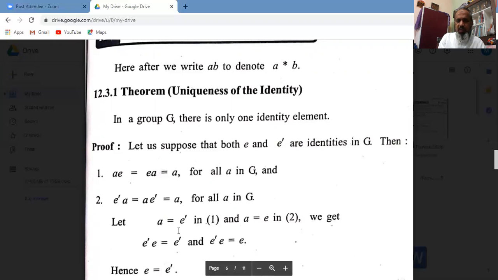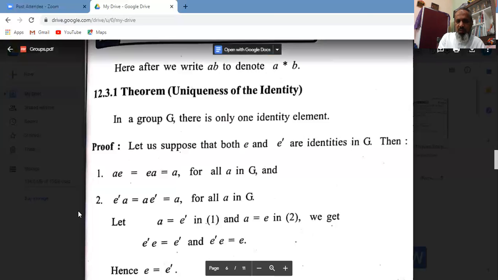So let A be equal to E dash in 1. If we substitute A equal to E dash in 1, then it becomes E dash into E is equal to E. E dash into E is equal to E dash.